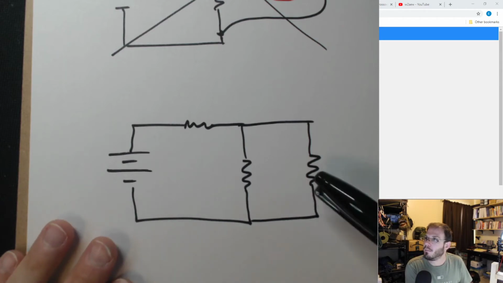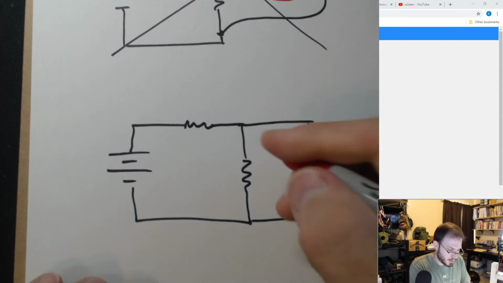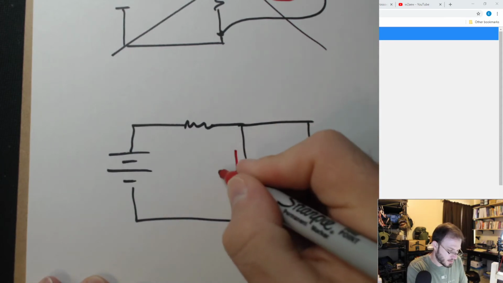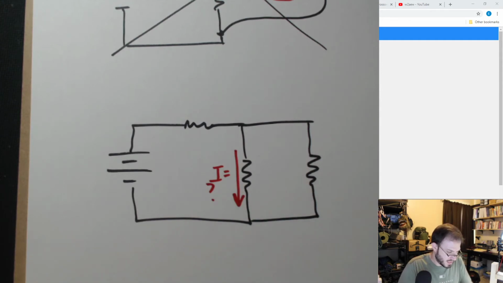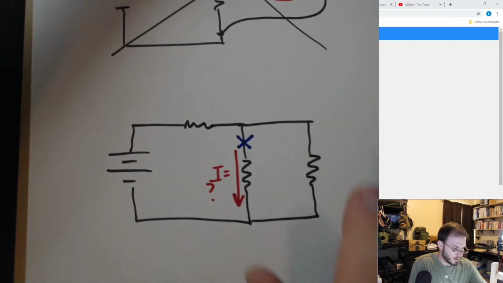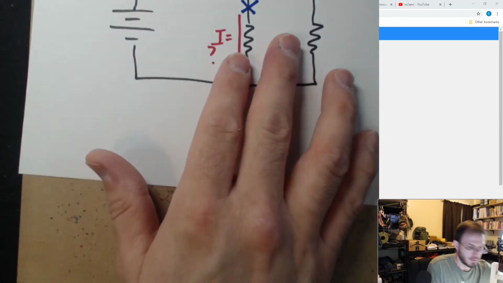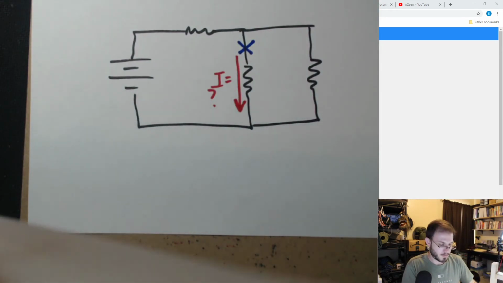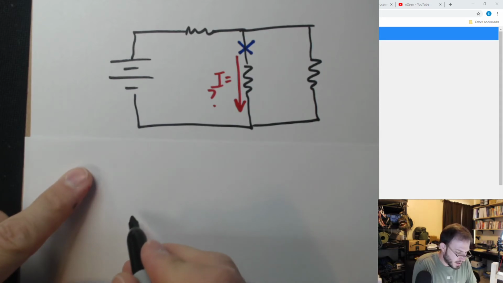Okay, if I want to measure the current going through here, I need to disconnect and then put my multimeter in series.